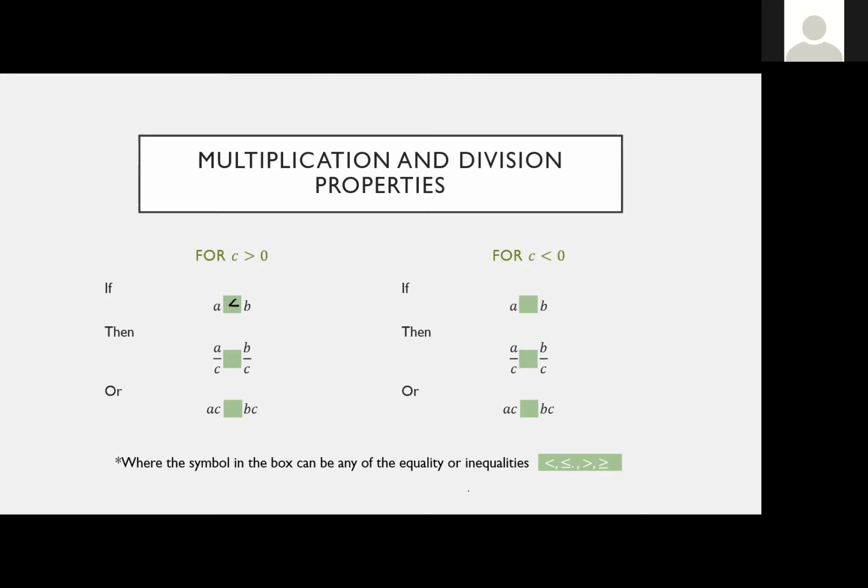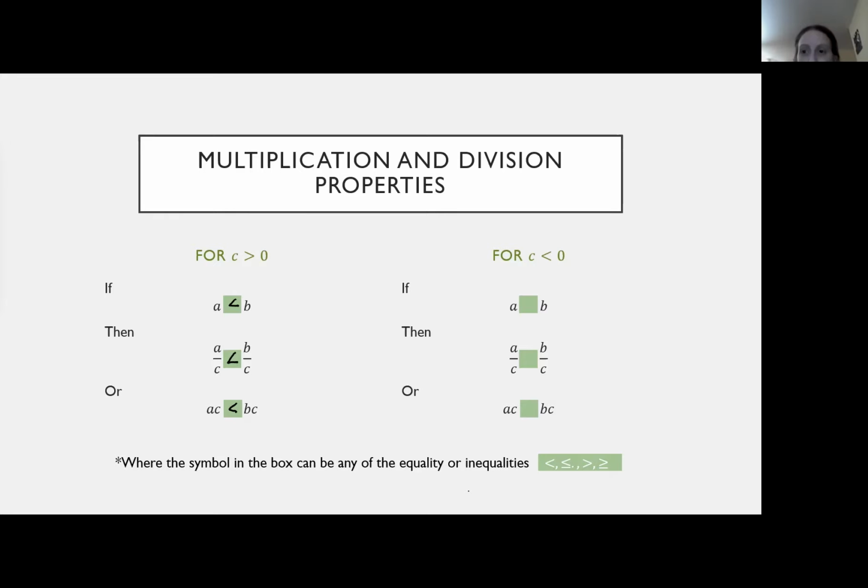If you're dividing both sides by C, and C is positive, then the inequality stays the same. It's still less than. Or if you're multiplying both sides by C, it stays the same. So when solving, you can divide or multiply both sides of your inequality by this value C, and it keeps your inequality the same.